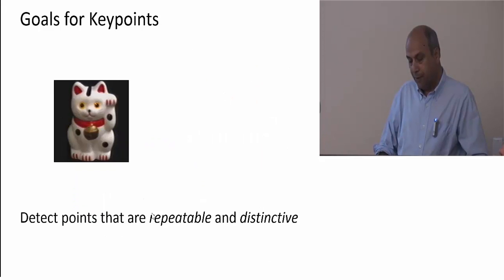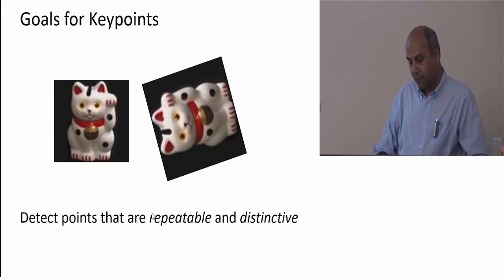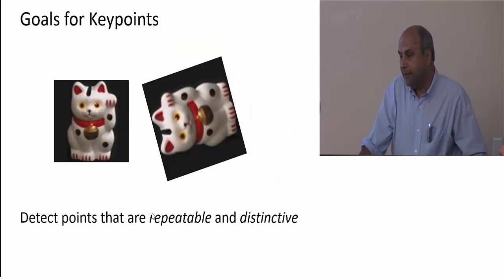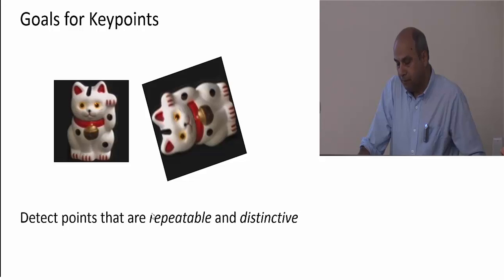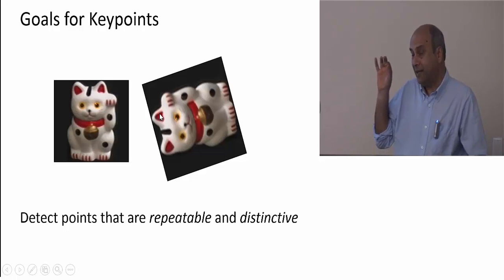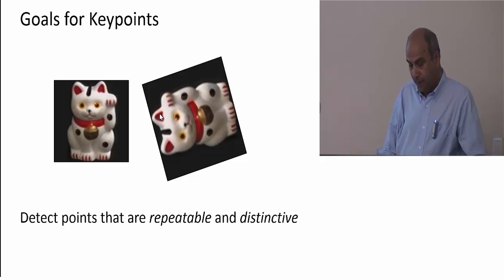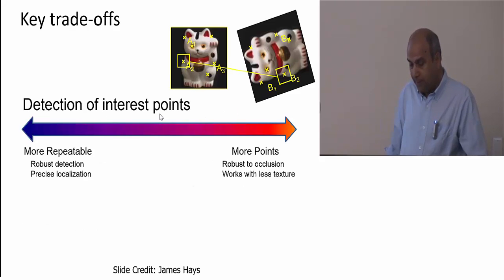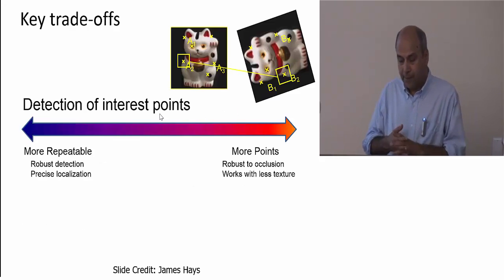Okay. So the goal for key points is that we want to be able to detect points which are repeatable, which means if we detect them in this image, and we have a rotated version of it, we should be able to detect exactly the same points in that image also. They're repeatable. This is a trade-off.